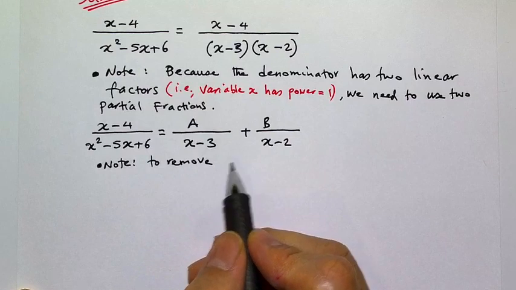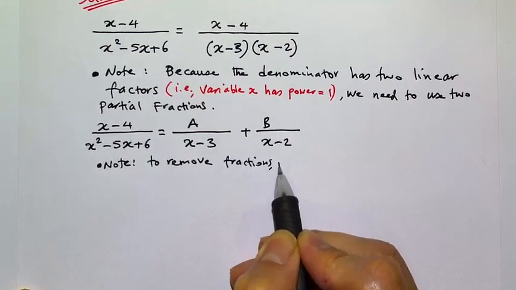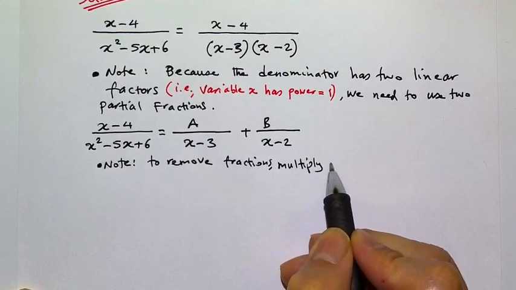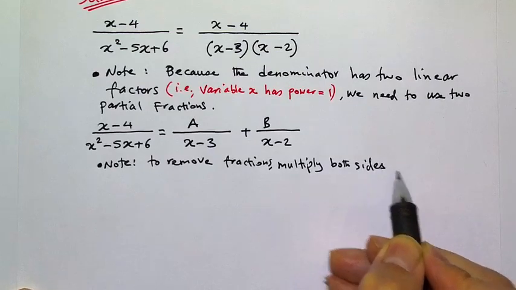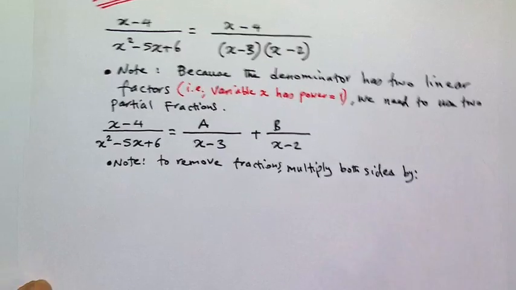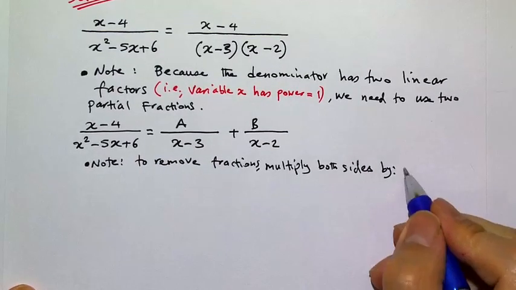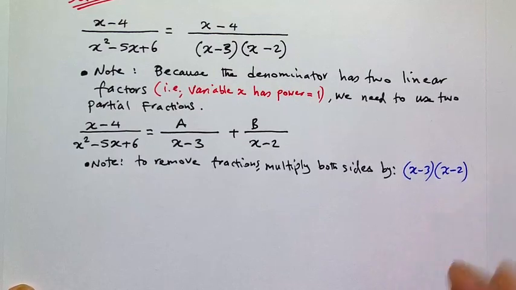So to remove fractions, multiply both sides by x minus 2, like that.